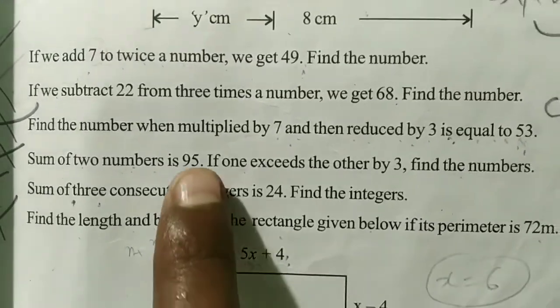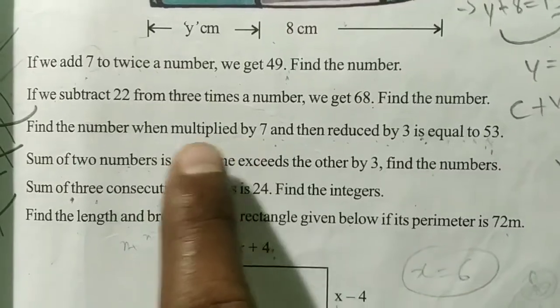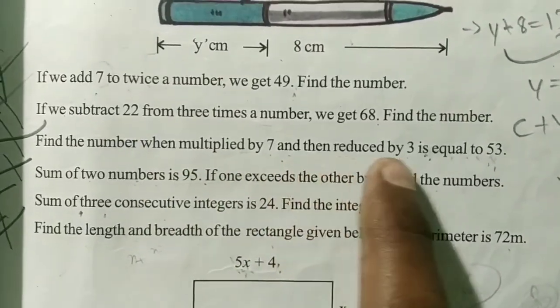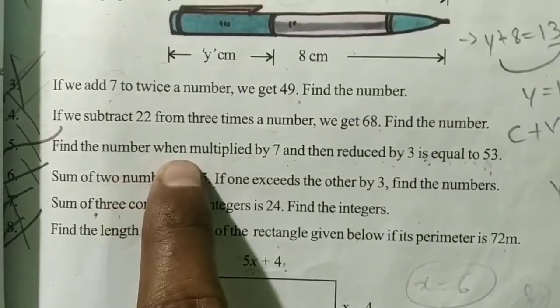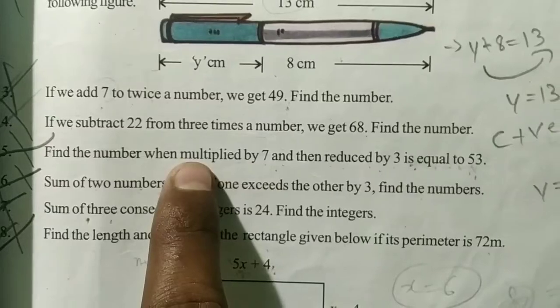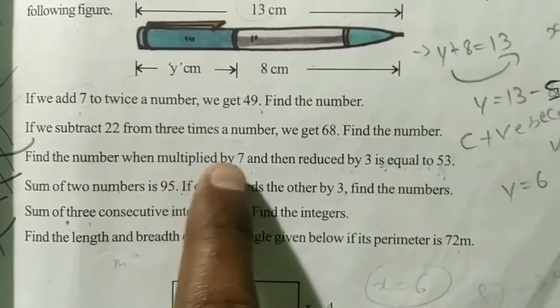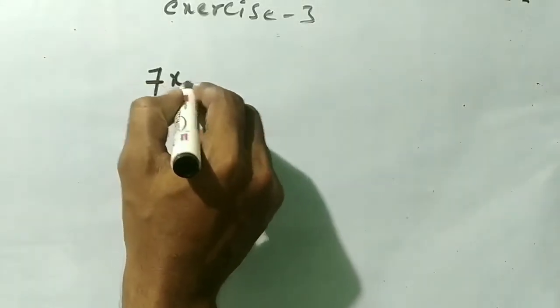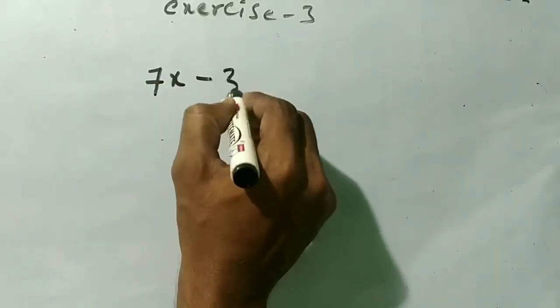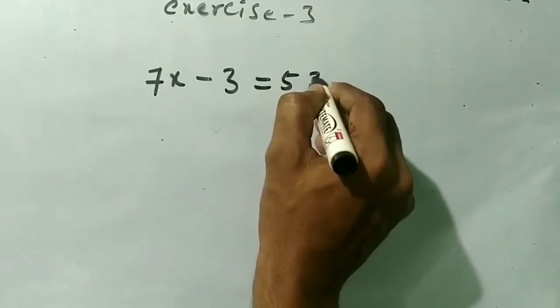We don't know the number, so 7 should be multiplied by the unknown number, that is x, and reduced by 3, which is equal to 53. So 7x minus 3 is equal to 53.